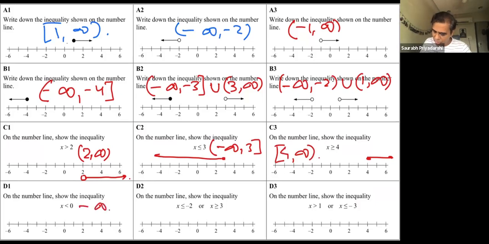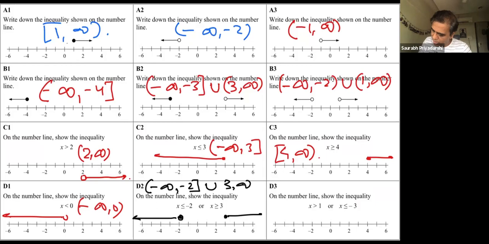Minus infinity to 0, there is 0, right? Now, less than or equal to minus 2 and greater than or equal to 3. Again, you have to use union, minus infinity to minus 2, union 3 to infinity, 3 again closed, infinity open.